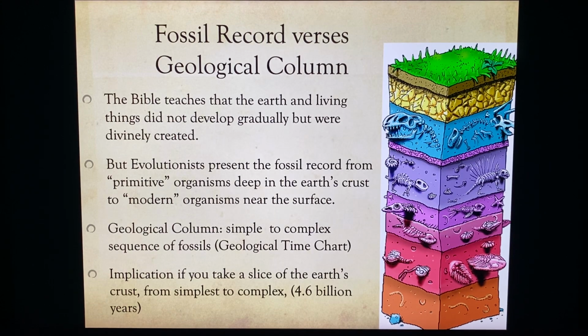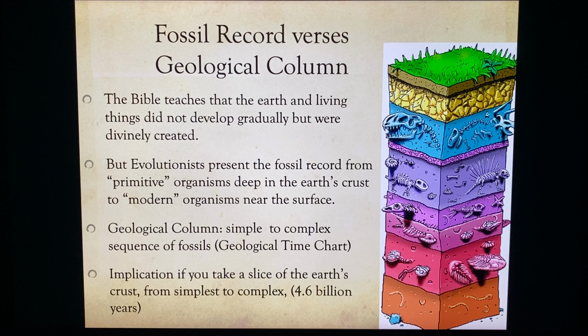Fossil record versus the geological column. So the Bible teaches that the earth and living things did not develop gradually, but were divinely created. Wow, foundational. But evolutionists present the fossil record from primitive organisms deep in the earth's crust to modern organisms near the surface.